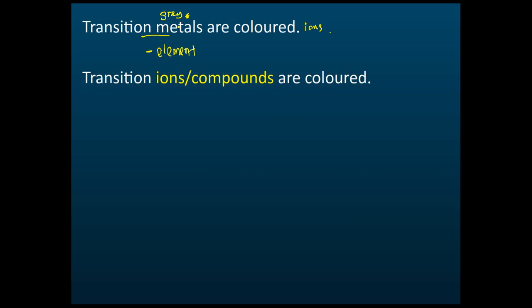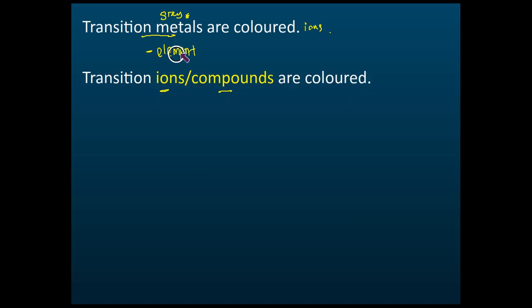Okay, but their ions can form compounds. So the ions and the compounds are colored, not the metals. Transition metal is not colored, but the ions or compounds are colored. But if you say transition elements, don't use the word metals, okay?